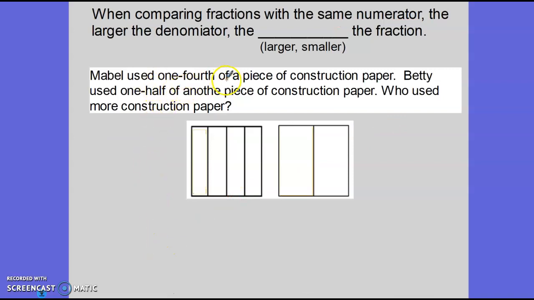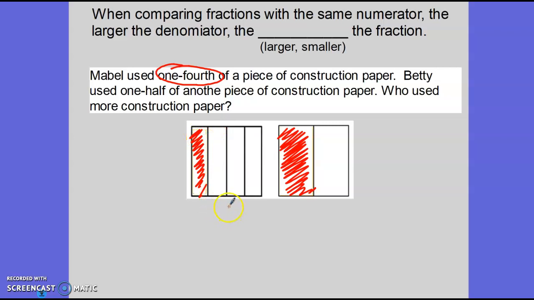Here's an example. Mabel used 1/4 of a piece of construction paper. So let's shade in 1/4. Betty used 1/2 of another piece of construction paper. So let's shade in 1/2. Who used more construction paper here? Obviously, 1/2 is greater than 1/4.